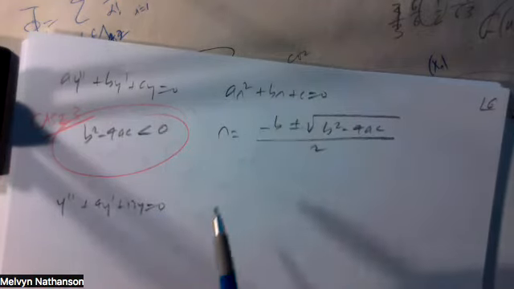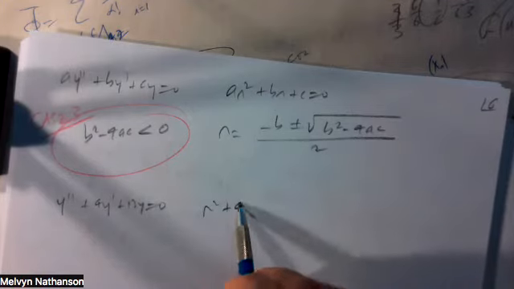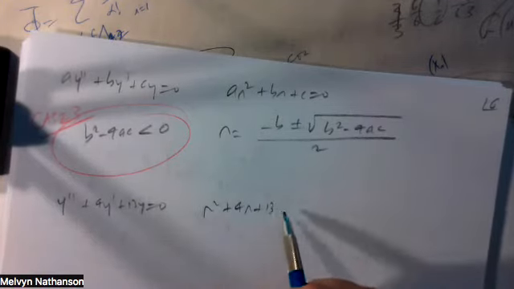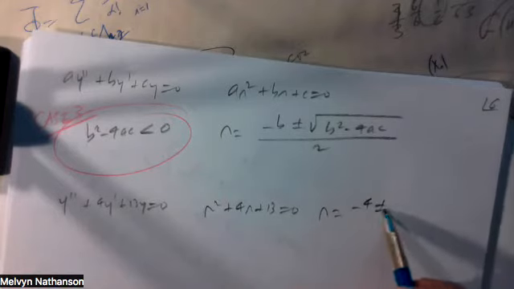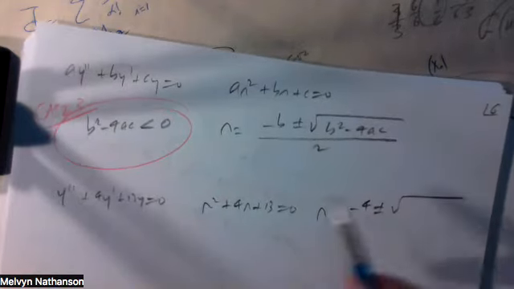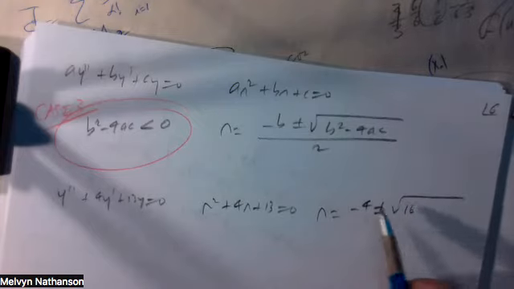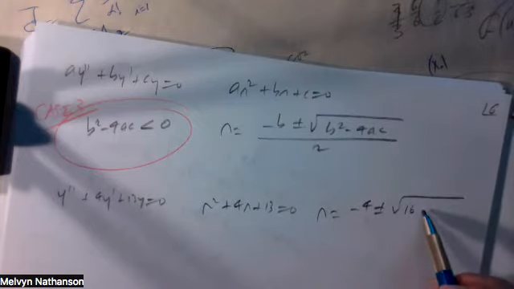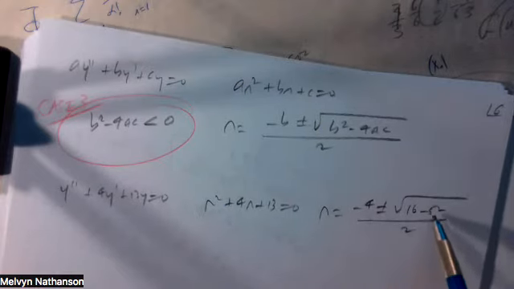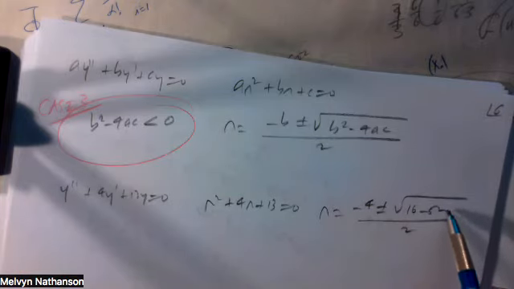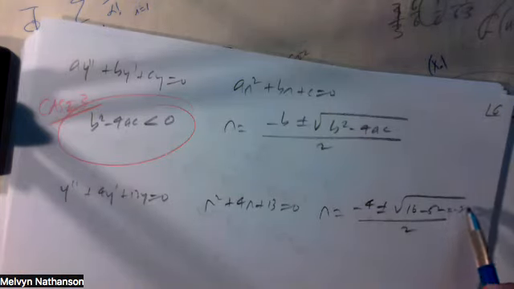So the characteristic equation is r squared plus 4r plus 13 equals 0. So r is minus 4 plus or minus the square root of 16 minus 52 over 2. 16 minus 52 is minus 36.